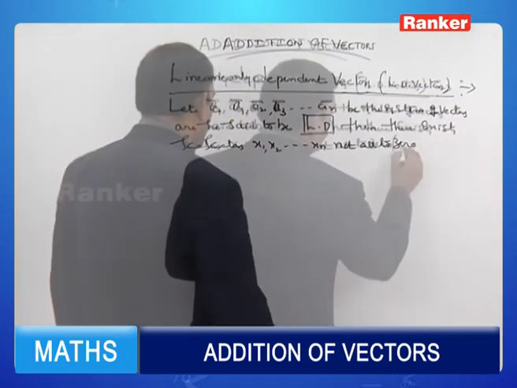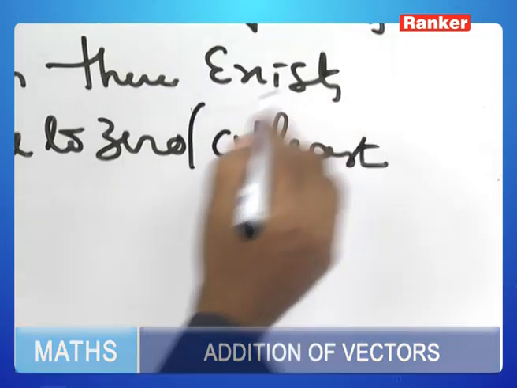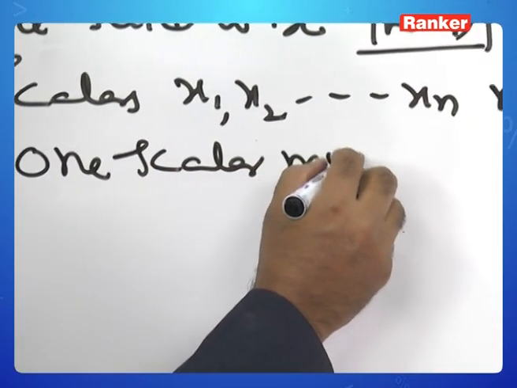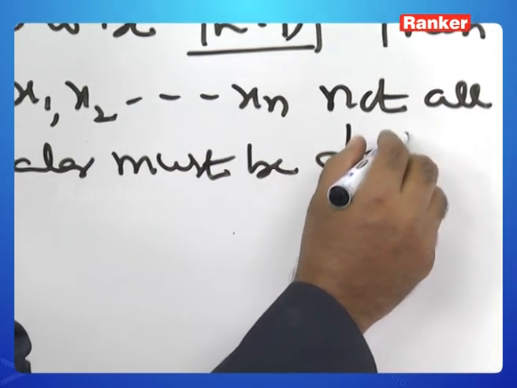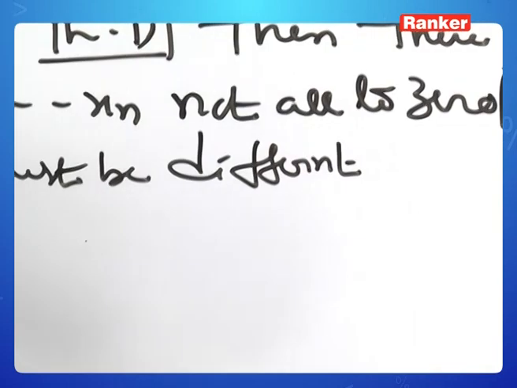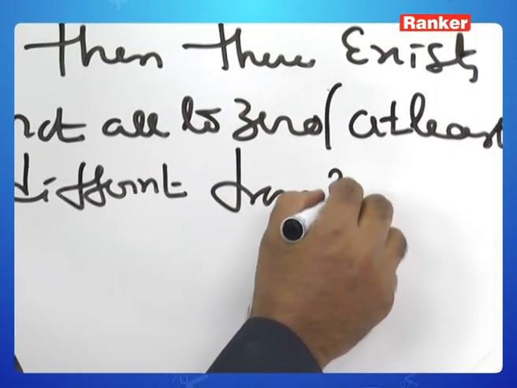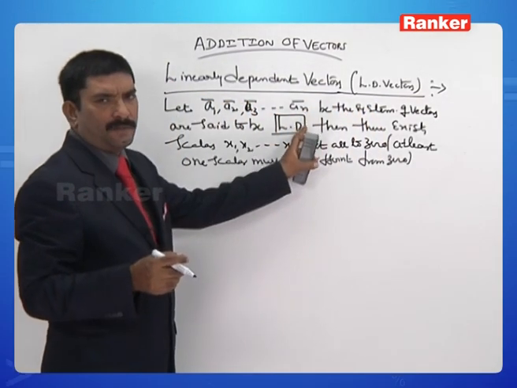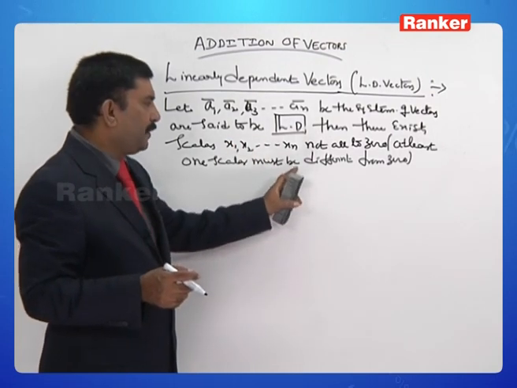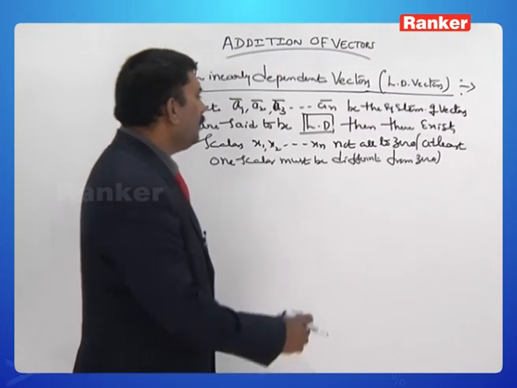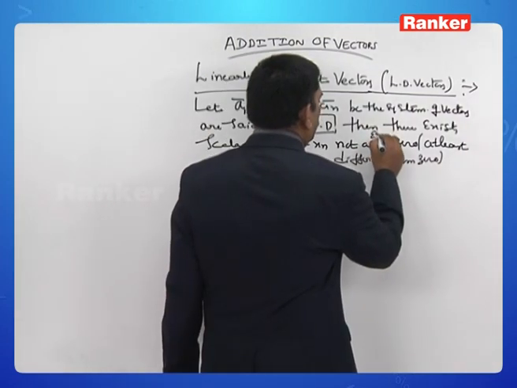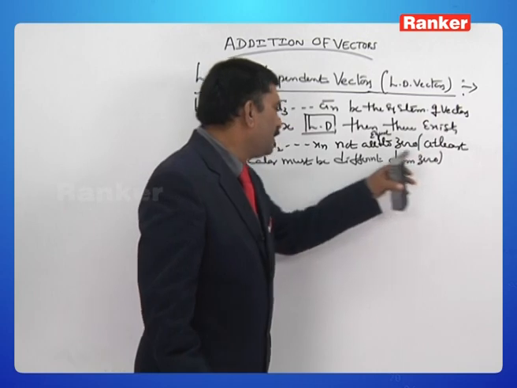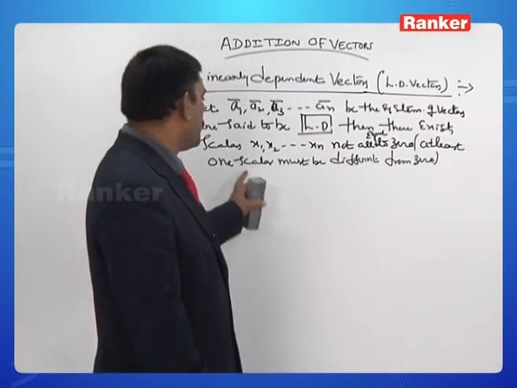So corresponding to n vectors, we have n scalars, not all equal to 0, which means at least one scalar is different from 0.